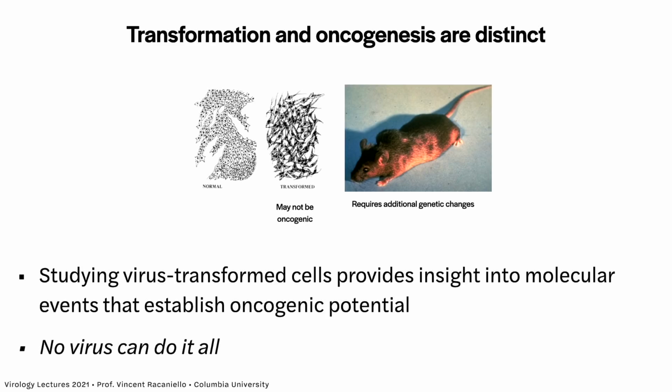DNA polymerases make mistakes. They have error correction for sure, and so their rate of making mistakes is very low, much lower than RNA viruses, but they still make mistakes. Every cell division introduces mutations into the genome, and if those mutations are in the right genes, they will cause the cell to become transformed.